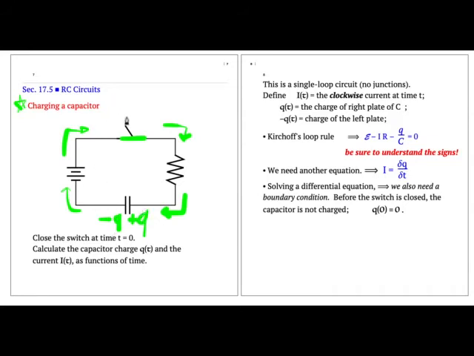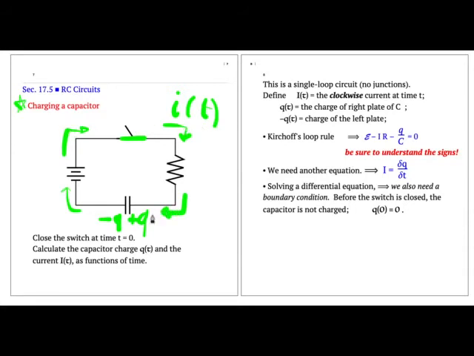Now, let's suppose you close the switch at time 0. Well, then the charge will begin to build up, and it'll continue to increase as long as there's current. So there'll be a current, but that current will vary in time. So there'll be a time-dependent current. It's a DC current.